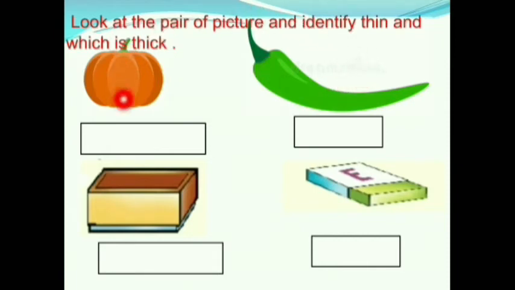Which one is thick and which one is thin? Yes, the pumpkin is thicker than the chilli. Next we have a wooden box and an eraser. Which one is thicker and which one is thin? Yes, the wooden box is thicker than the eraser.